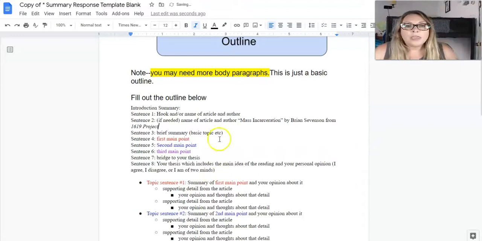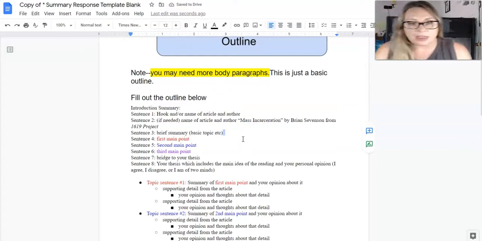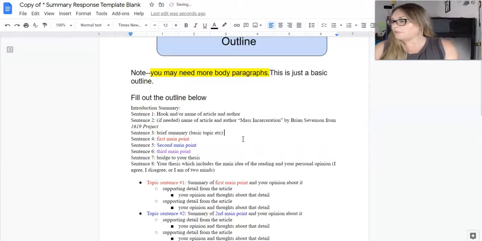I had already sort of written a brief summary, but if you were with me on reading the actual mass incarceration text, you'll know that the main idea is that mass incarceration is a legacy of slavery.